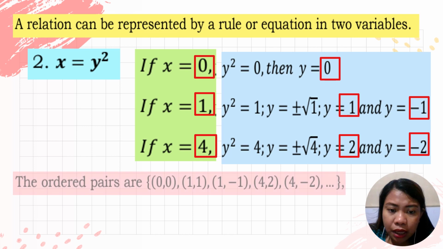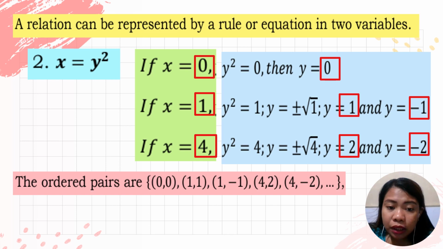Meaning to say, the ordered pairs are (0, 0), which is the origin, then (1, 1), (1, -1), and then (4, 2), (4, -2). As you can see, the value of x is repeated.